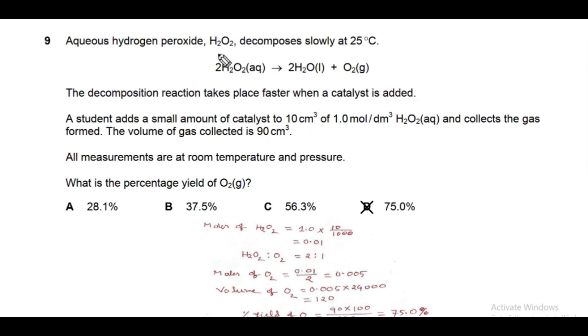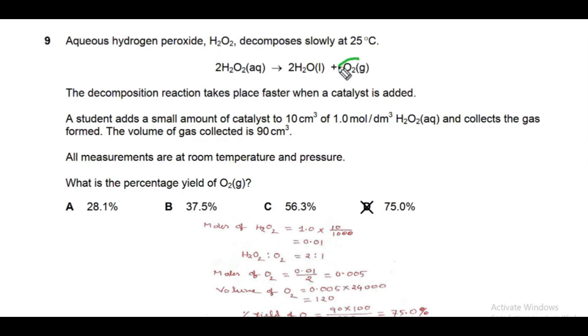Now, hydrogen peroxide 2 mole, oxygen 1 mole. So moles of oxygen is half of hydrogen peroxide: 0.01 divided by 2, 0.005.